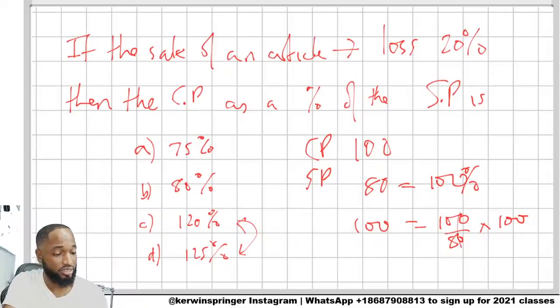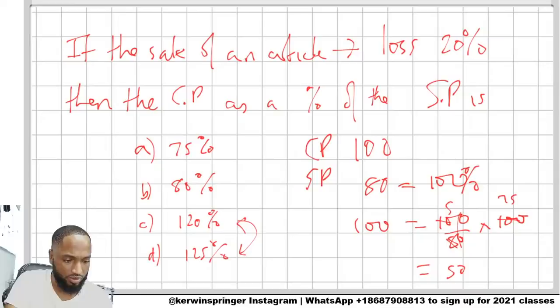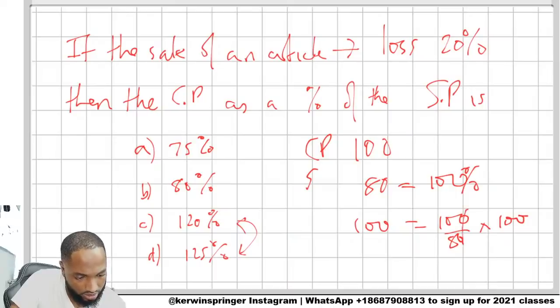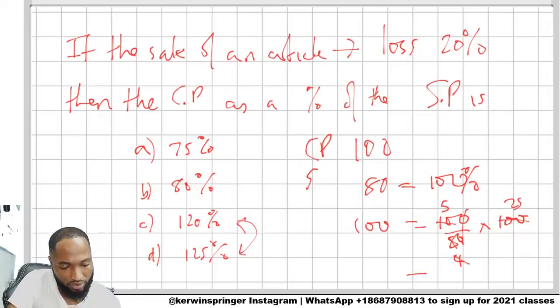8 into 4, 2 into this is 4, 2 into this is 5, 4 into this is 25, 5 by 25 is 125.